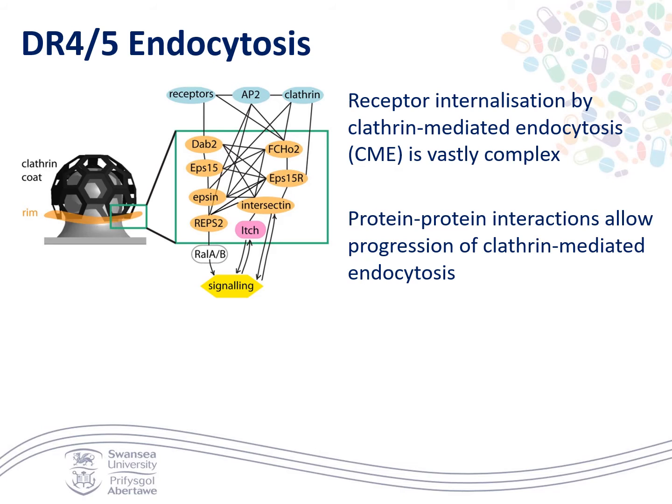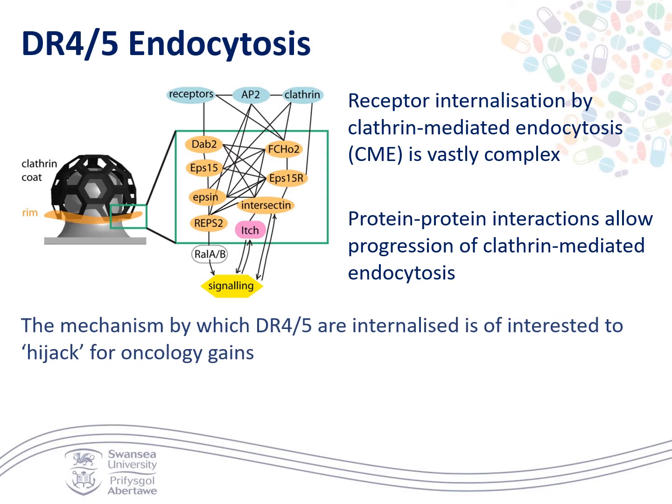Importantly, whatever route of receptor internalization is occurring, it relies extremely heavily on protein-protein interactions to allow progression through receptor-mediated endocytosis. We know this is extremely important in clathrin-mediated endocytosis, and this can be through protein-protein interactions dictated by phosphorylation or ubiquitination, which you will have heard quite a lot about due to the role of Cbl in receptor internalization through things such as EGFR interactions, with that ubiquitin moiety acting as an adapter to allow other proteins to interact.